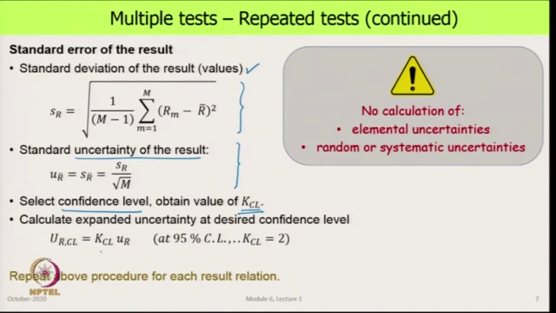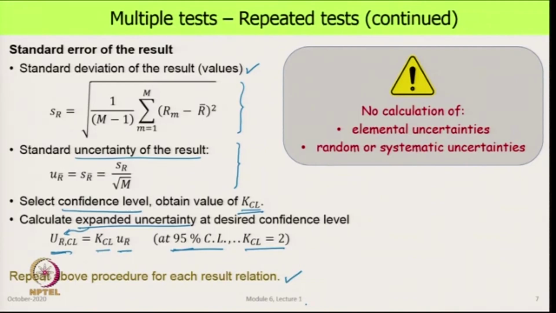And then using this relation, the multiplier into the standard uncertainty gives us the expanded uncertainty of the result at whatever confidence level that we have chosen. If we chose 95% confidence level, this constant is 2. And then if there are more than one result in the experiment, we repeat this procedure for every result relation in the experiment.